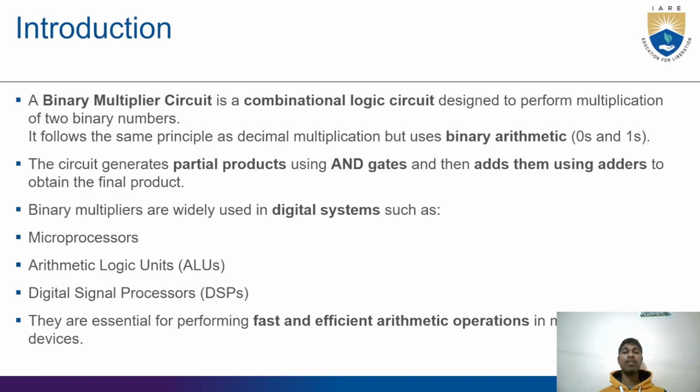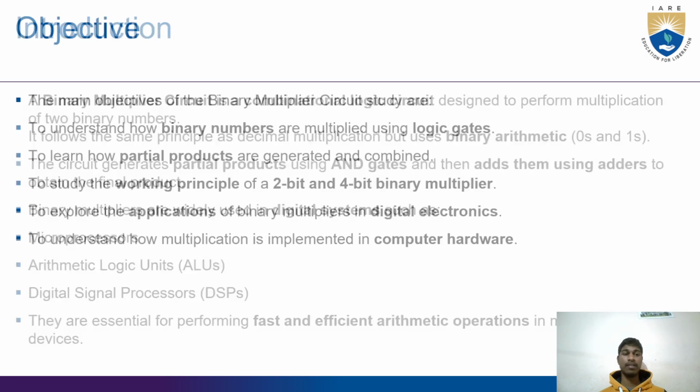Binary multipliers are widely used in digital systems such as microprocessors, arithmetic logic units, digital signal processors, and so on. They are essential for performing fast and efficient arithmetic operations in modern computing devices.